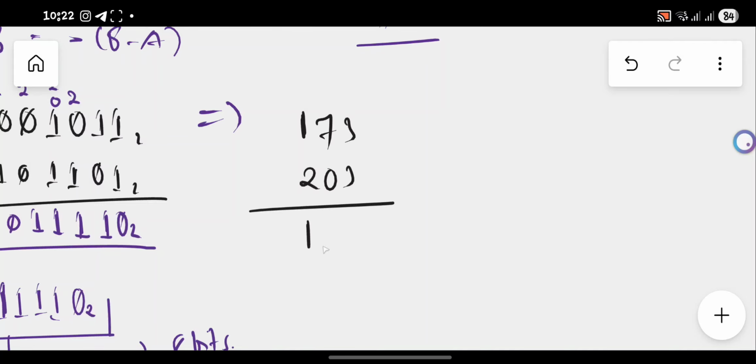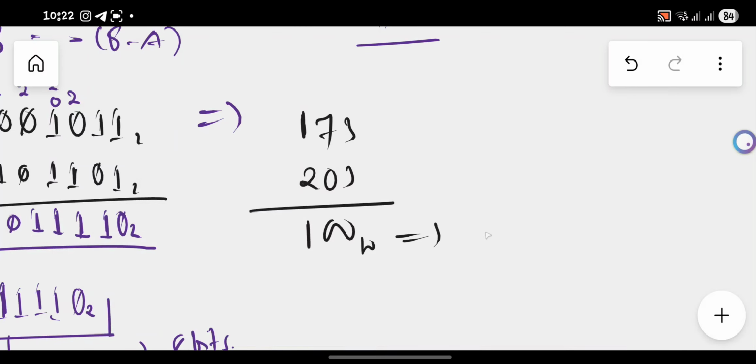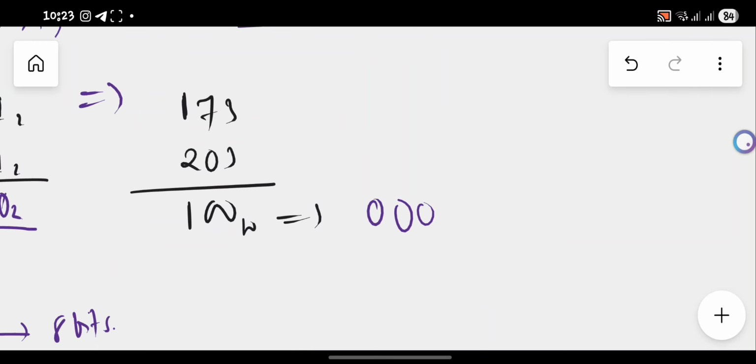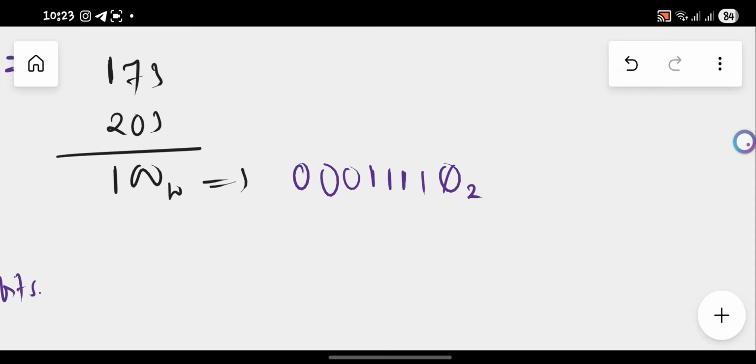So when you subtract them, you have 100 in base 10. So you convert it to base 2, and then you're going to get 0 0 0 1 1 1 1 0 base 2. So you still arrive at the same answer.